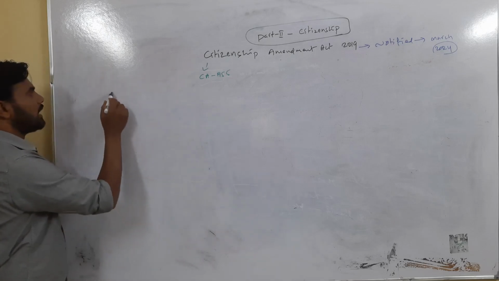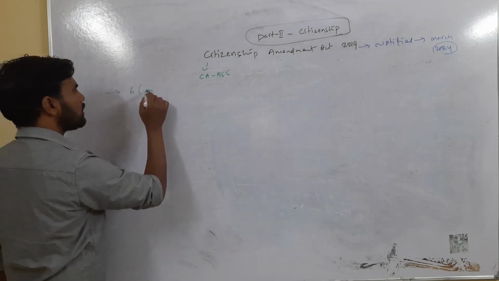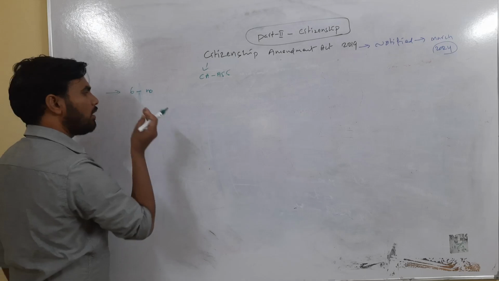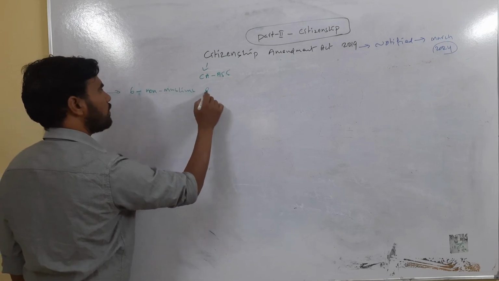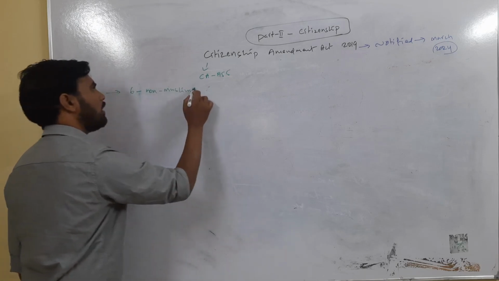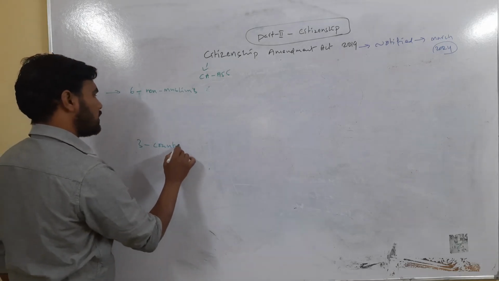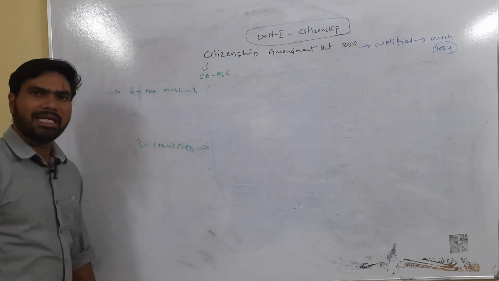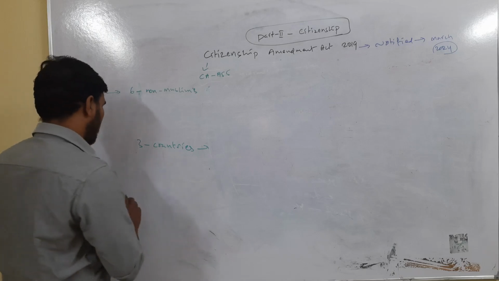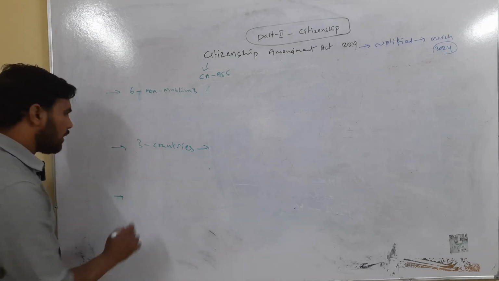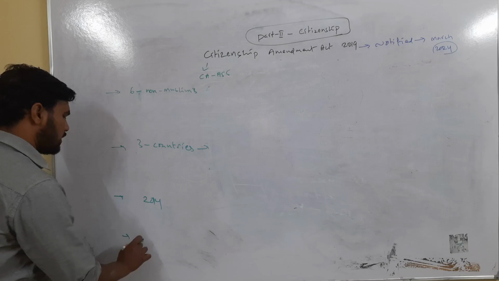What this act says is that people of 6 non-Muslim religions from 3 countries, who are facing religious persecution in these 3 countries, if they have come to India before 2014, will be provided citizenship.